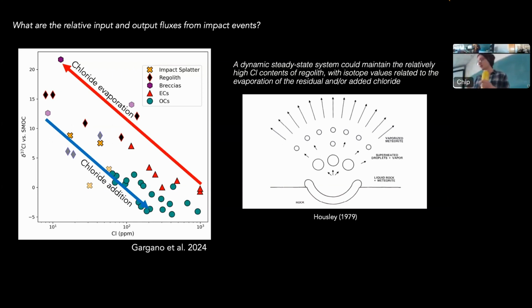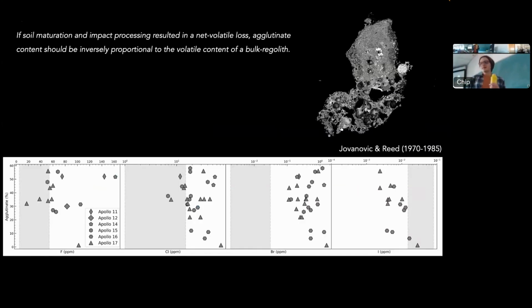And to conclude this thought, again, earlier we said that a mature, highly impact-processed regolith has a high agglutinate content. Thankfully, we're able to quantify this a little bit. If we look at the halogen content of a bulk regolith, here you're looking at fluorine, chlorine, bromine, and iodine contents relative to agglutinate content of a given soil.